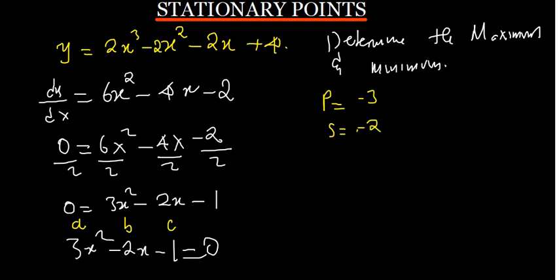So we are looking for two numbers. If you multiply, they give you negative 3. If you add, you get negative 2. Do you know any two numbers? If you multiply them, you get negative 3. If you add them, you get negative 2. Two numbers.